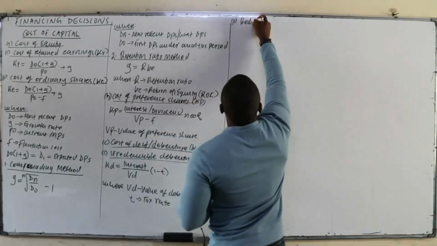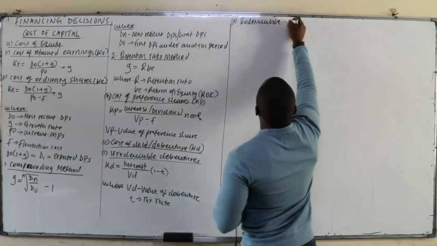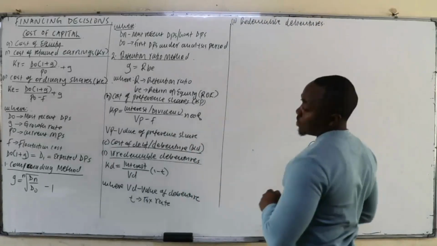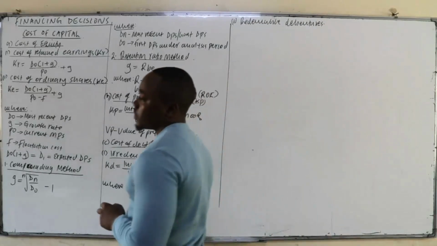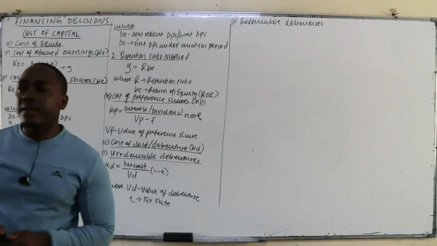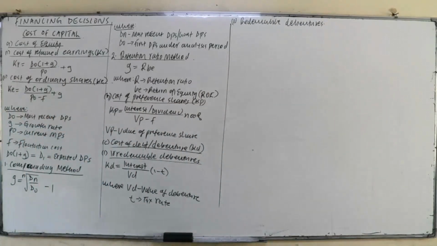Number two, we have redeemable debentures. These are debentures with a specific maturity period.